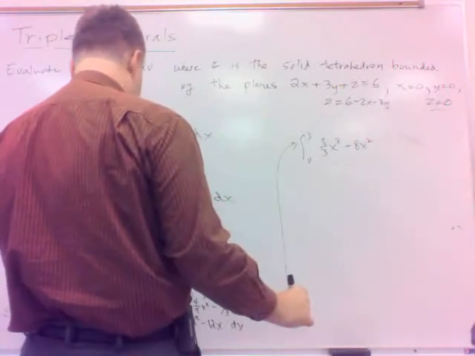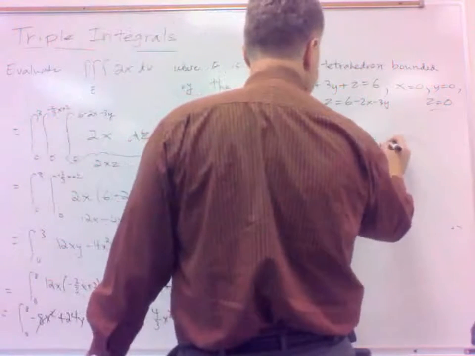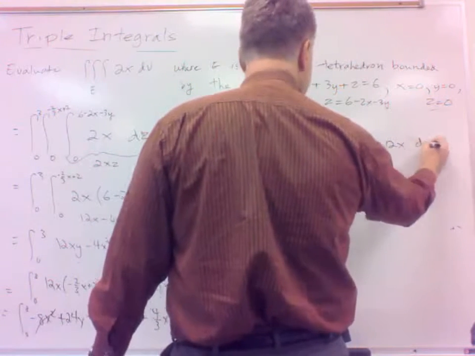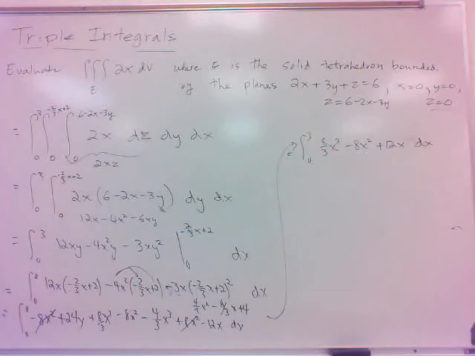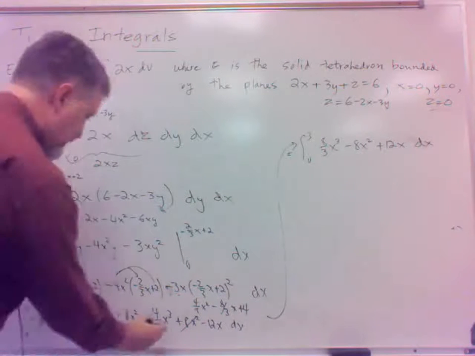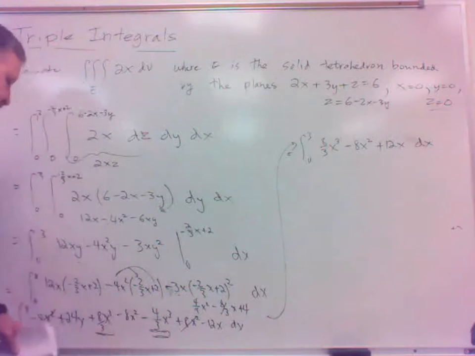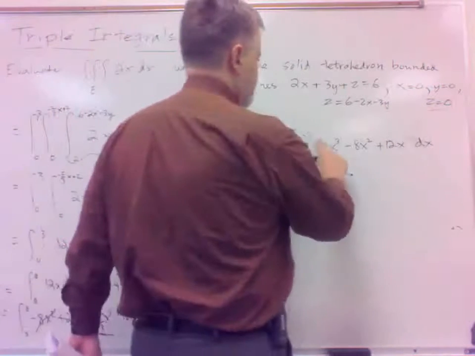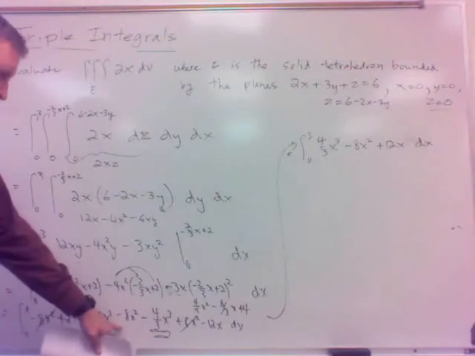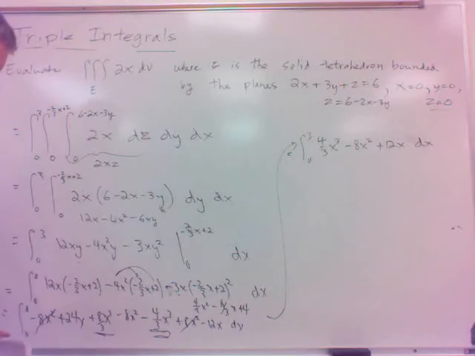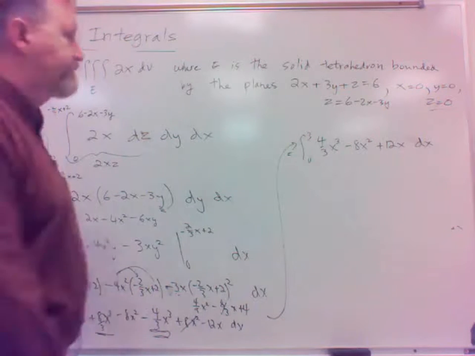And 24x minus 12x is plus 12x. Oh, I forgot to combine these: 8/3 x cubed minus 4/3 x cubed, so this is just 4/3 x cubed. And then minus 8x squared. So those canceled out. Does that look all right?